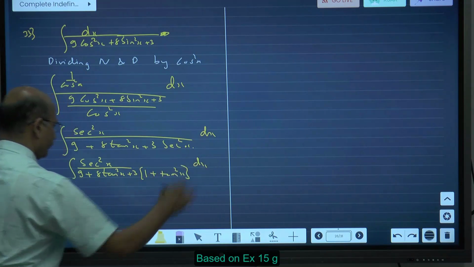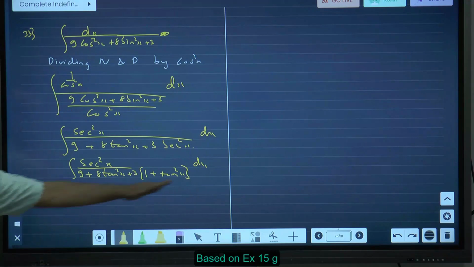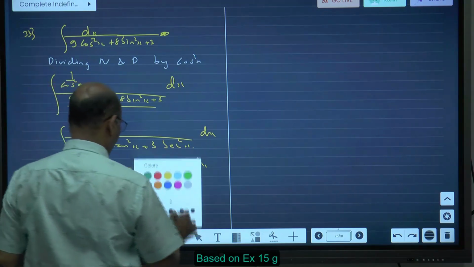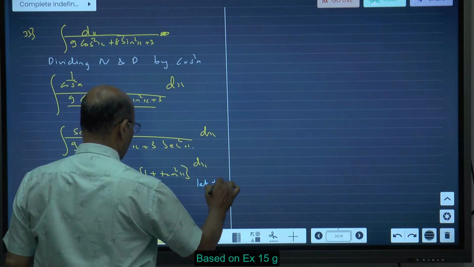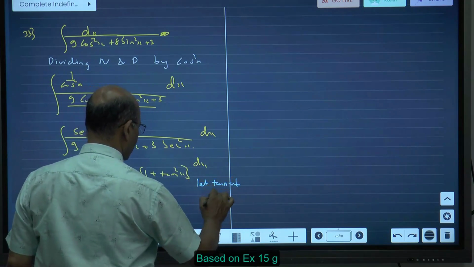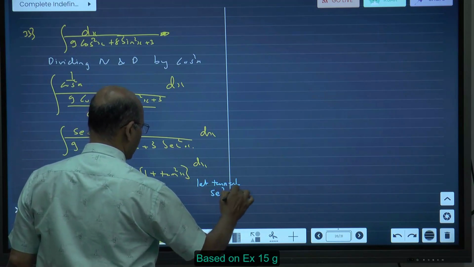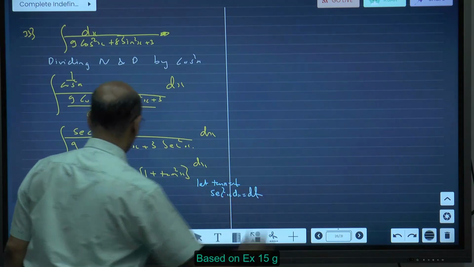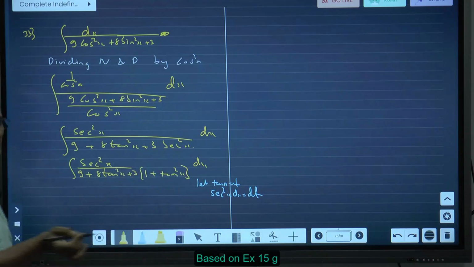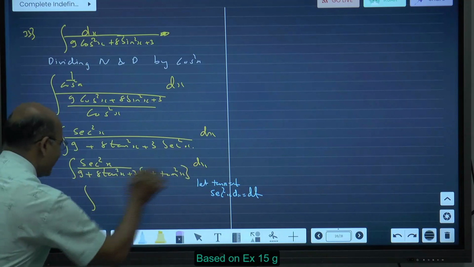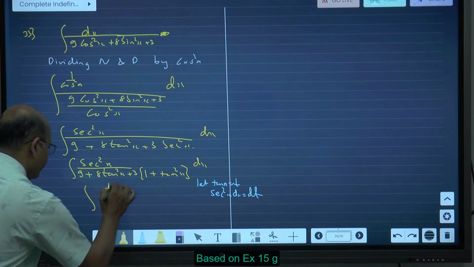dx. Now you can simplify this out. Then the derivative of tan x is sec square x. So if I let tan x be t, then sec square x dx will be dt. So sec square dx got adjusted, children. Simple it is, not difficult. So sec square x dx is dt.